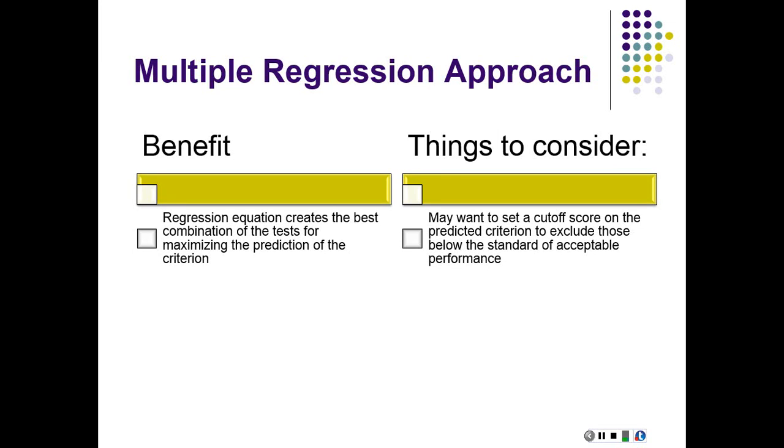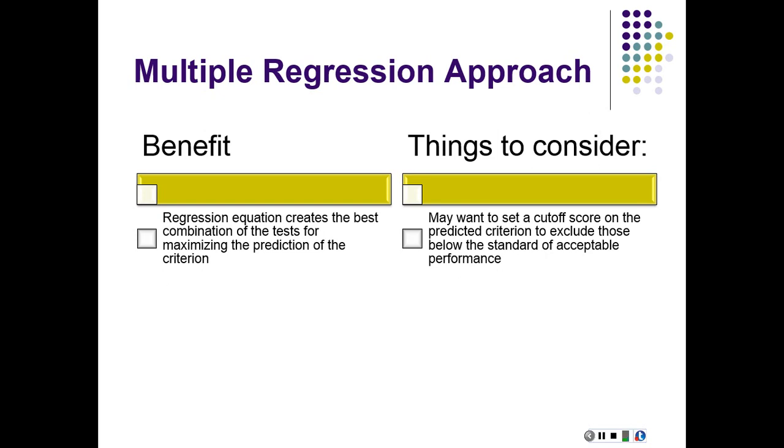So you can start with the x's and then use them to predict the y, or you can take the y's of the people who already work for your company and then work backwards to figure out what the x's need to be in order to accurately predict a person who's going to have that level of y.